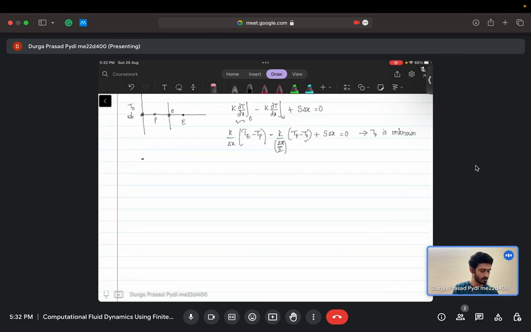The boundary condition is given as minus k times dT/dx at x equals 0 equals H0 times T0 minus Tf.